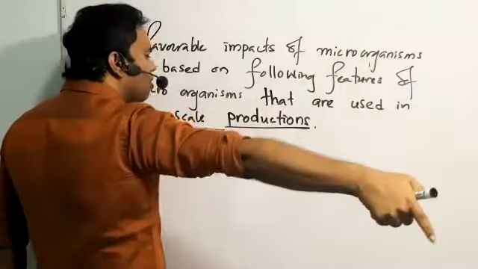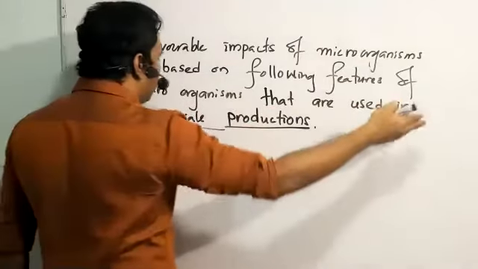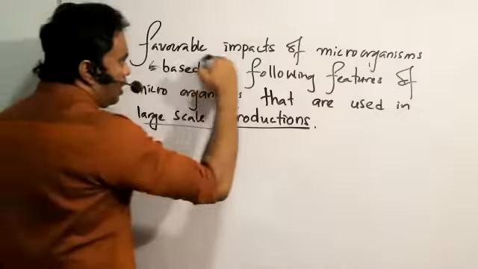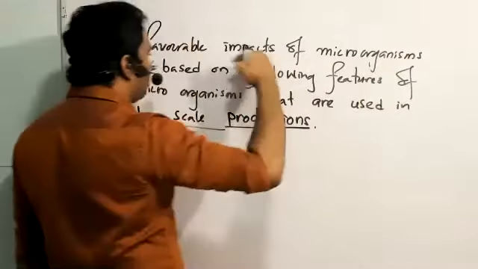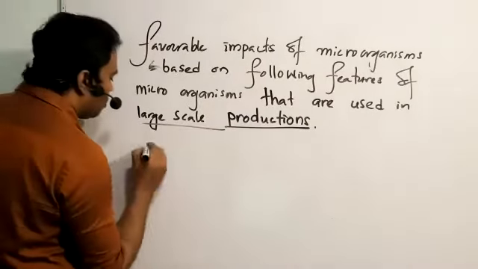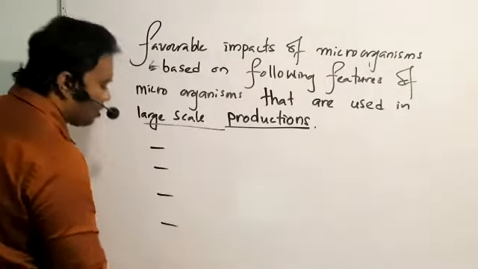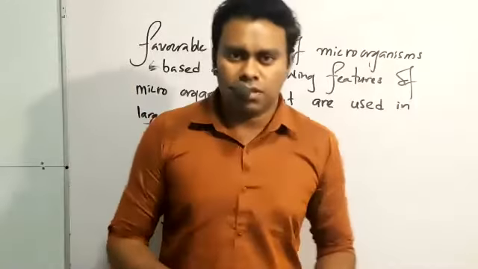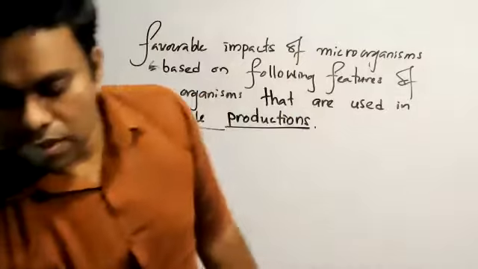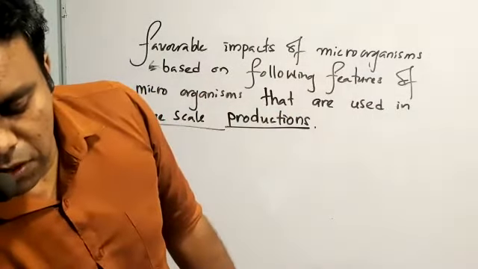Following features of the microorganisms that are used in large scale productions. Okay, so favorable impacts of microorganisms based on following features of, so now we are going to study a set of features of microorganisms used in large scale productions. එහෙනම් පුතාලා අපි ඒ කොටස ඉගෙන ගමු.